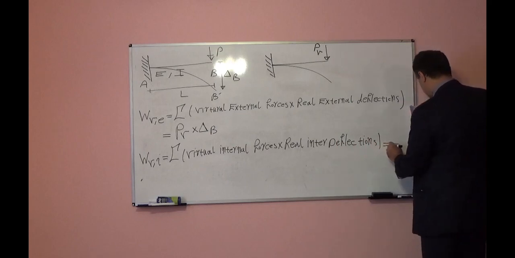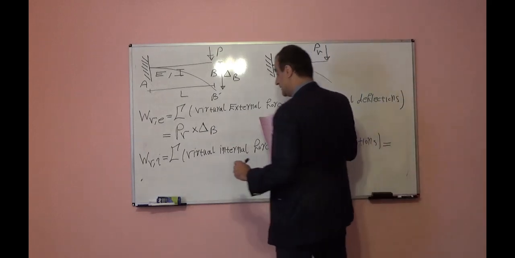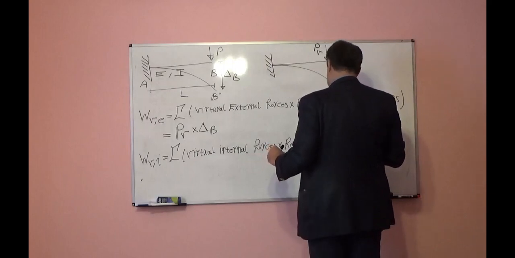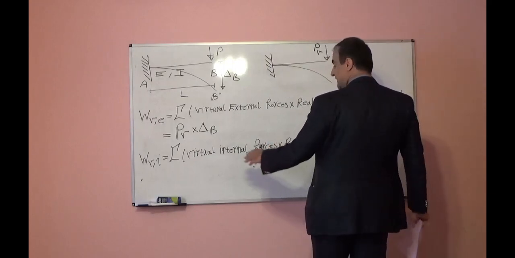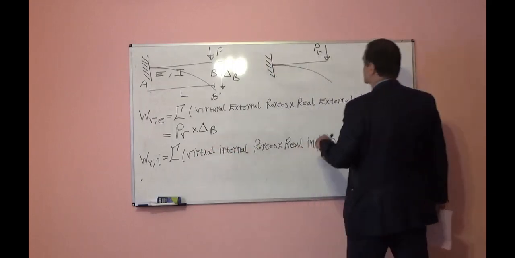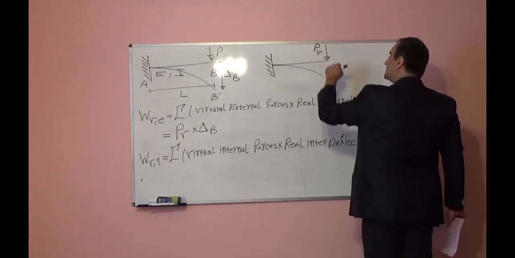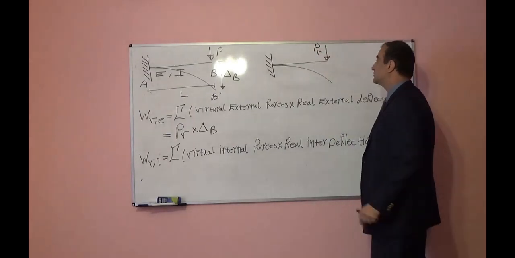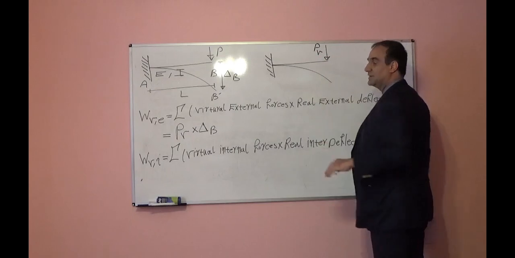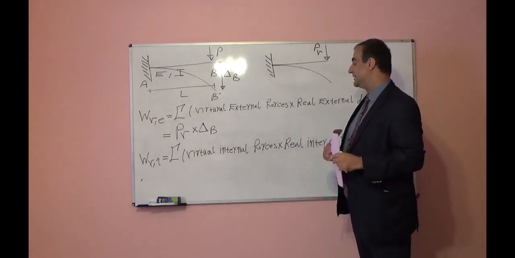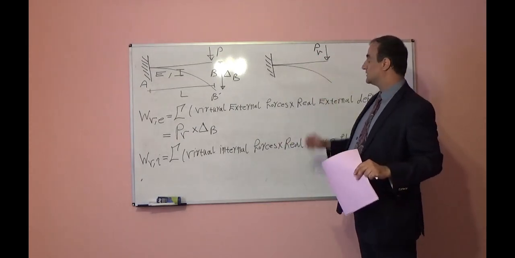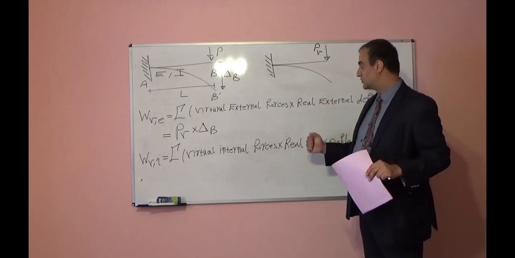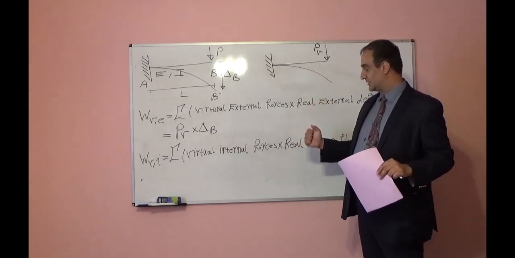So this will be equal to, what is our internal forces? If we apply virtual force, that virtual force will create virtual internal forces. It will create, for example, virtual internal moment.